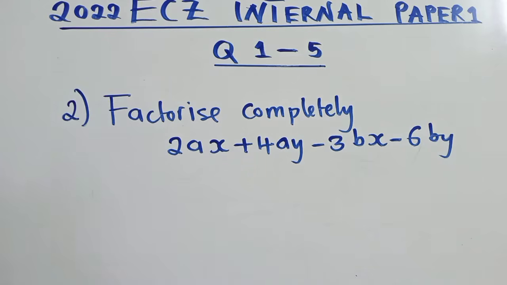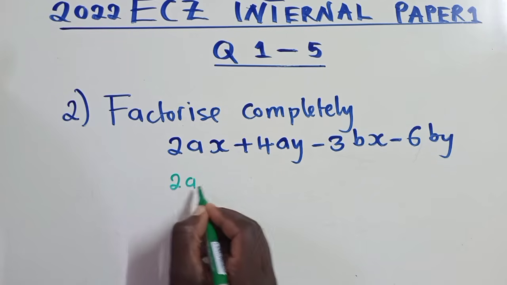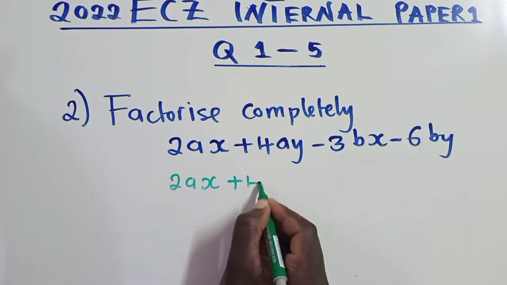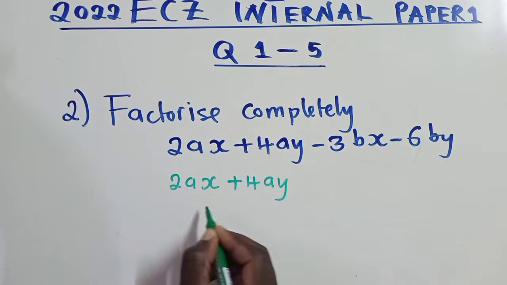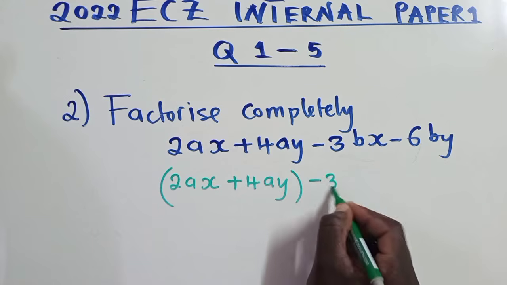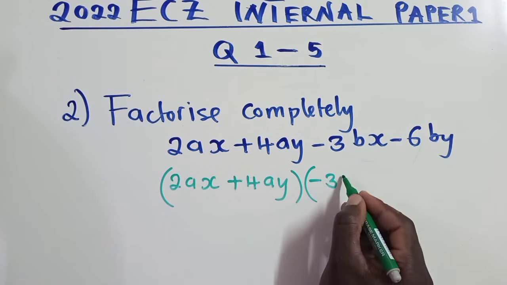Okay. So now the question here, they want us to factorize this one. So how do we go about it? Using the same ideas. So here, we are going to factorize by grouping. So this is what we have right here. So now, we group these. And here, we also group these others.